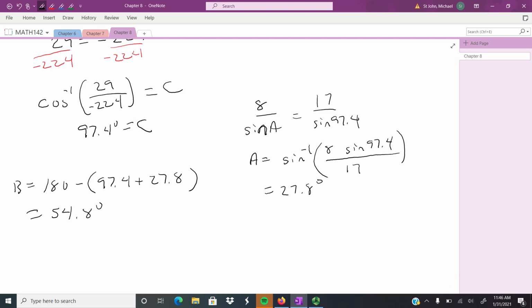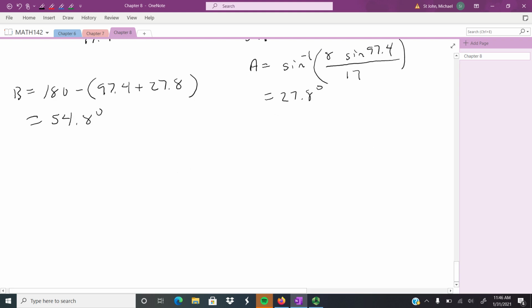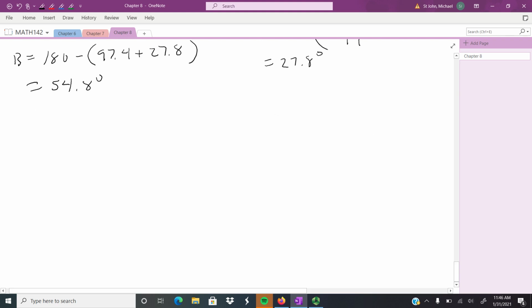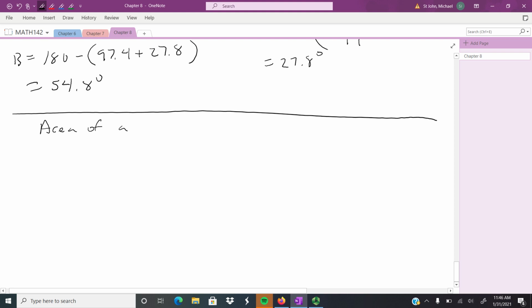All right. The next thing the chapter talks about is area of a triangle. So remember in your basic geometry class, you probably learned area is 1/2 base times height.